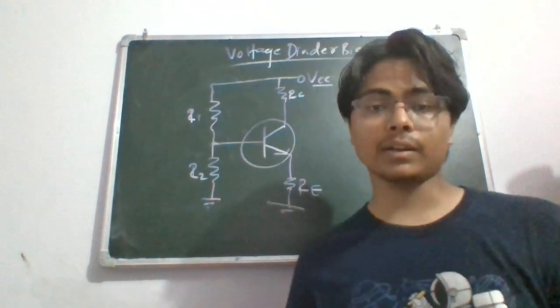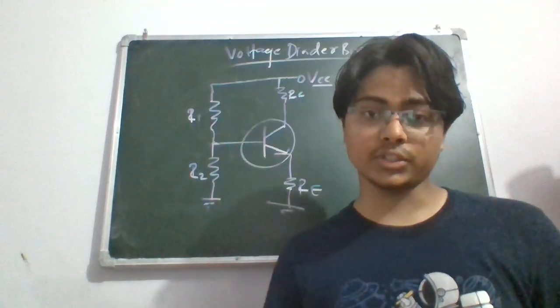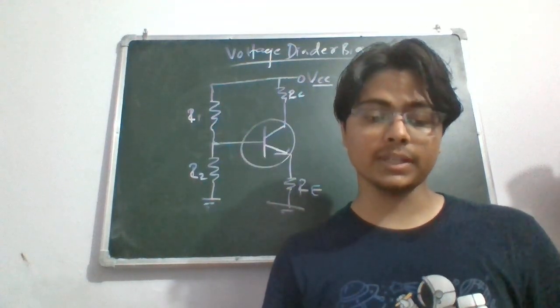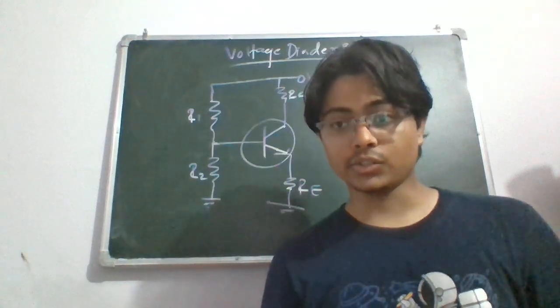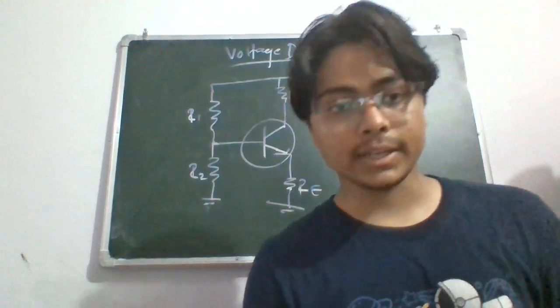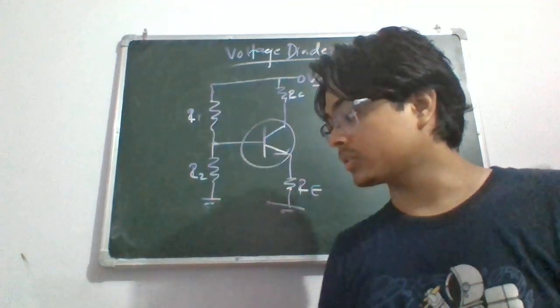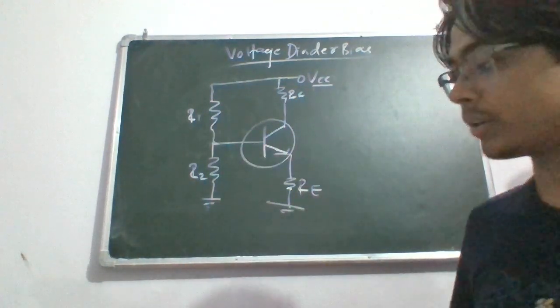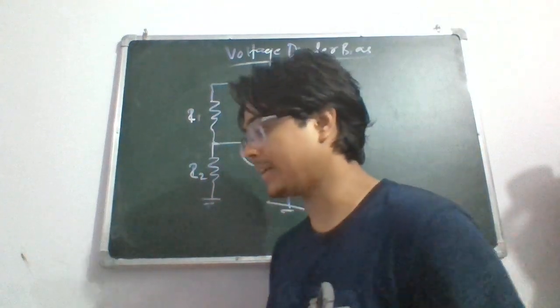It means no matter how much heated the transistor is, there won't be any significant impact on the transistor itself and its operating capacity, which is a very good point, right? So this is some introduction to the voltage divider bias.